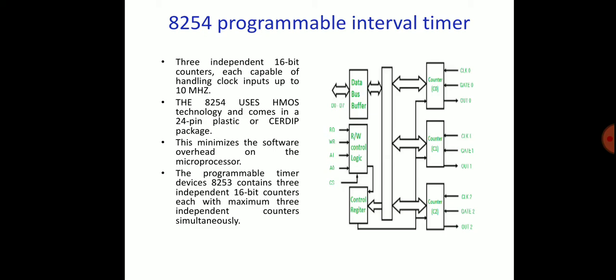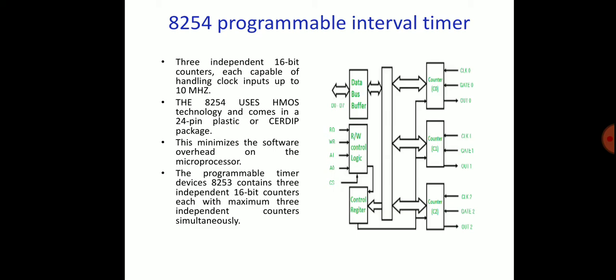And then the programmable timer device 8253 contains 3 independent 16-bit counters, each with a maximum count rate of 2.6 MHz, to generate 3 totally independent delays or maintain 3 independent counters simultaneously. All the 3 counters may be independently controlled by programming the 3 internal command word registers.